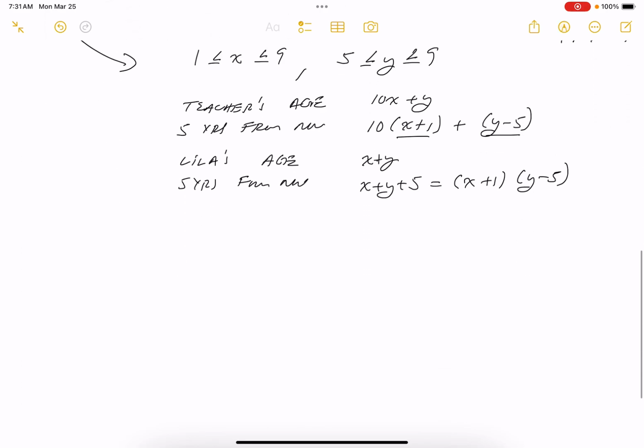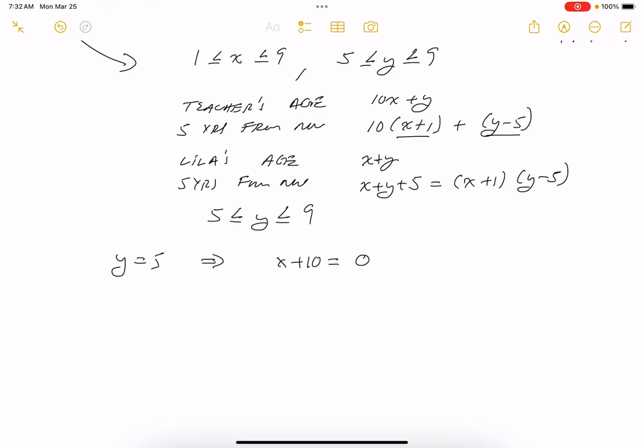Again, although it seems like brute force, I'm still going to do that. We just take the numbers and see what happens. So I'm going to say y is 5. What's it going to give you? X plus 10 equals, well, if y is 5, this would be 0. That can't be. A negative number, right?